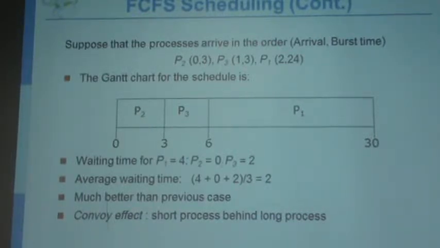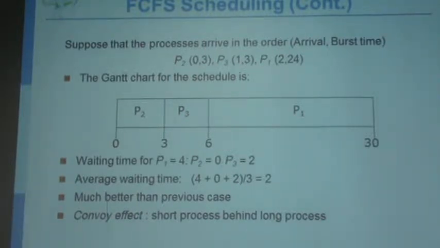So usually first come first serve is simple to implement. However, in case a long process started earlier, then the other processes have to wait longer. It's called the convoy effect. So short processes actually hide behind the longer process.